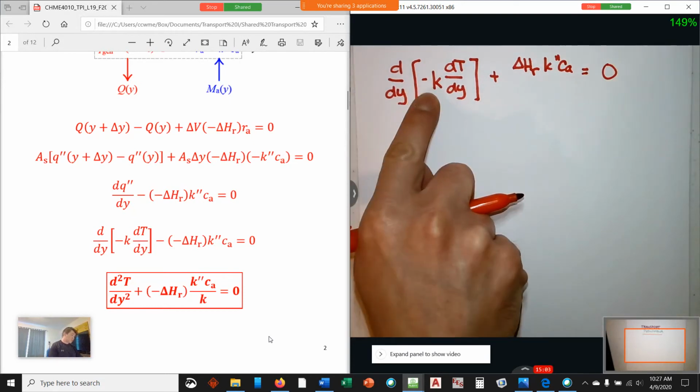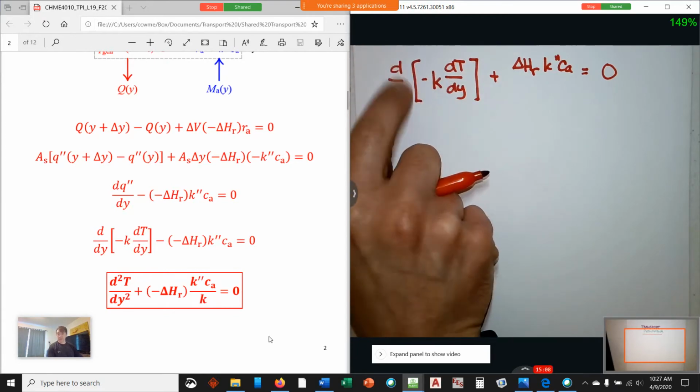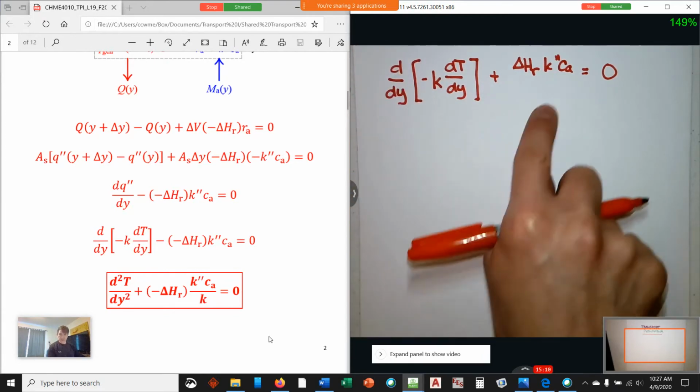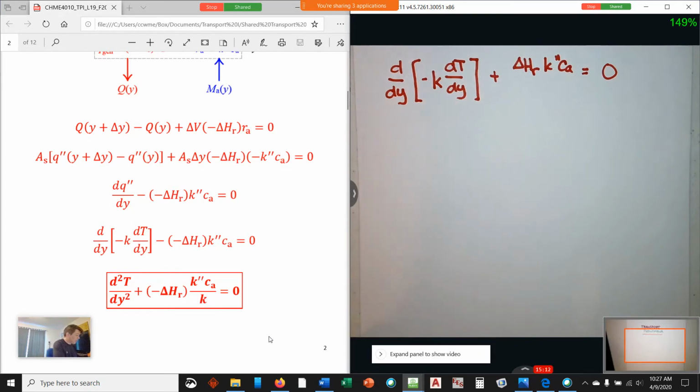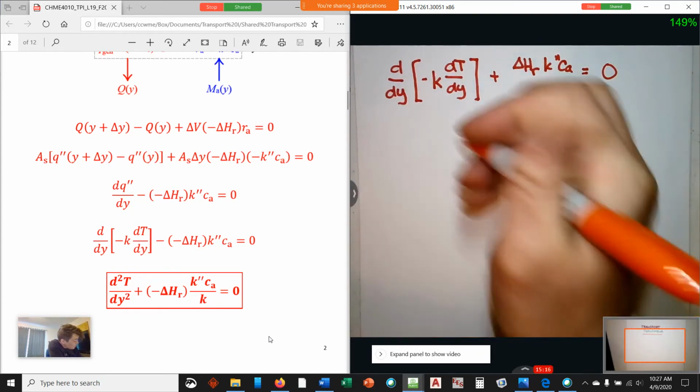And if we can assume that the thermal conductivity is constant, that can be removed from this differential. We can divide this entire equation by k. This can become d squared T dy squared.